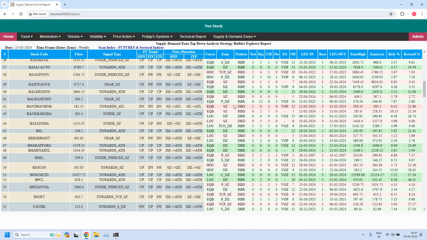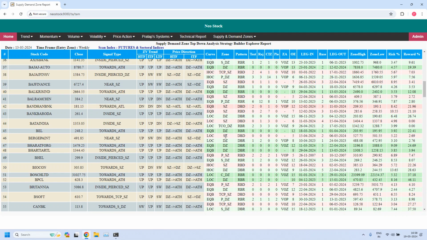See, the dark red or bright red color indicates all-time low. So Bandhan Bank is an all-time low supply zone. And the bright green color, for example 40 Balakrishna Industries, this is a bright green color. This is an all-time high zone.